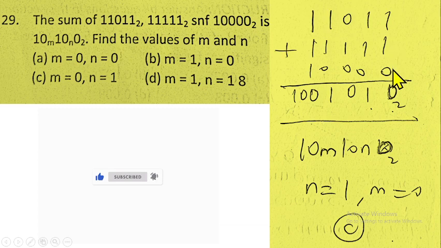1 plus 1 gives us 2, plus 0, that is 2. But you cannot write the 2 down because you are in base 2. So divide that 2 by the base, which is 2. So 2 divided by 2 gives us 1, remainder 0. So you write the 0 down, keep the 1. That 1 you are keeping, add it to this. 1 plus 1 plus 1 gives us 3. We cannot write 3 down as well, so divide it by 2, the base. 3 divided by 2 gives us 1, remainder 1.